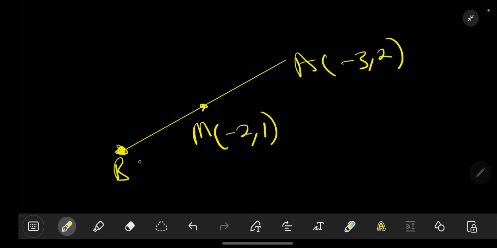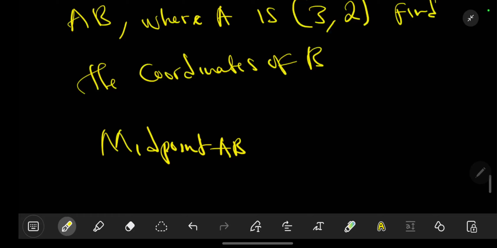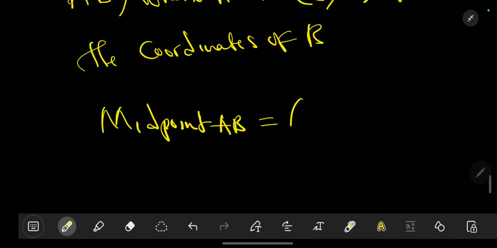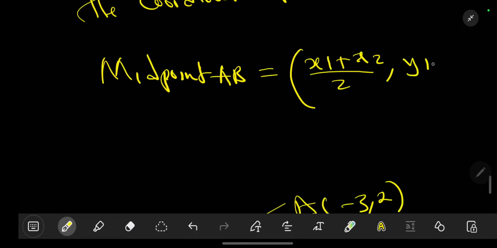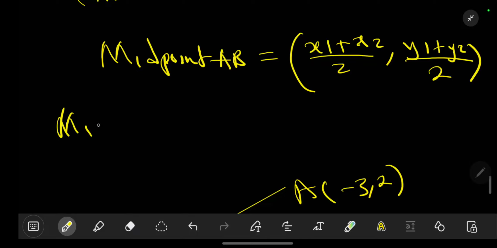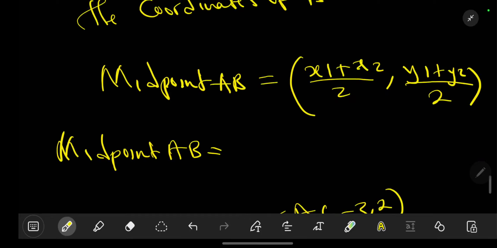So what are we going to do? We are just going to use the midpoint formula, since they have provided us with that. So the midpoint is equal to x1 plus x2 over 2, comma, y1 plus y2 over 2. So our midpoint of AB should be equal to, what is our x1?